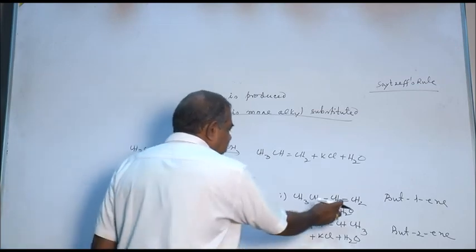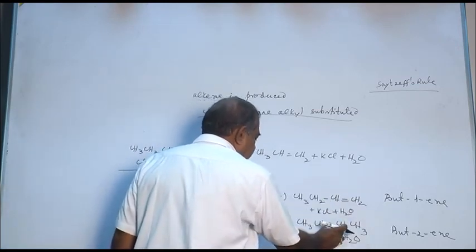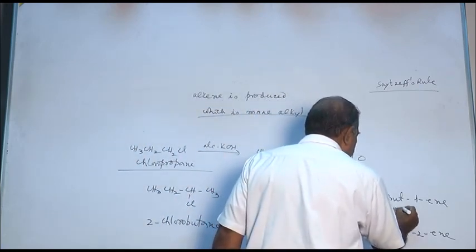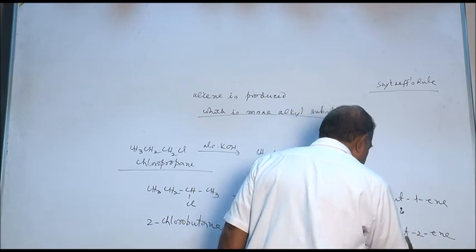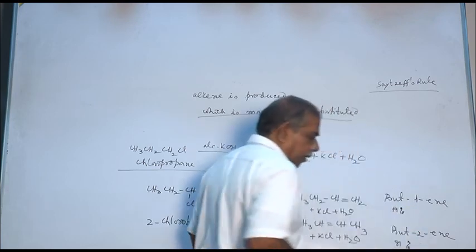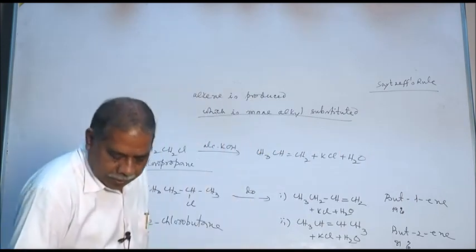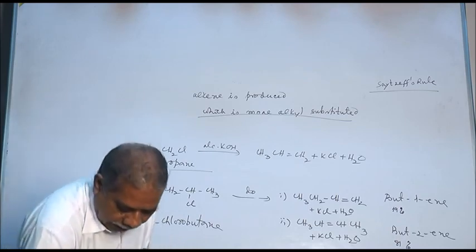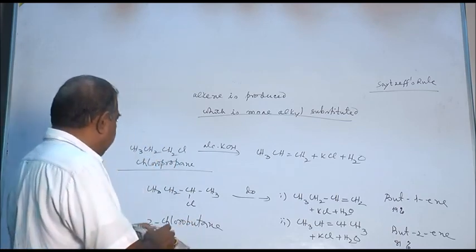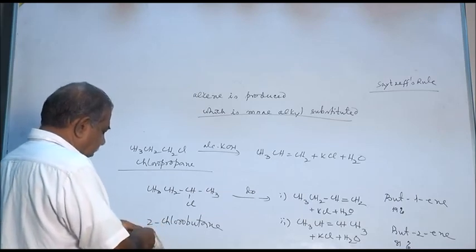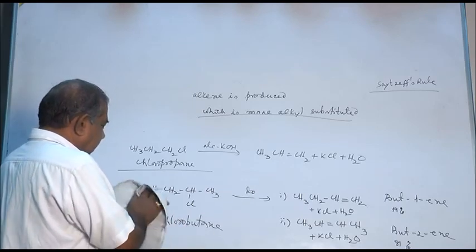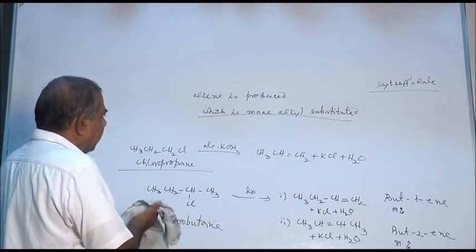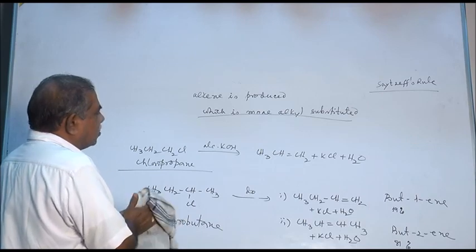Here the double bond has one alkyl group. Here it has two alkyl groups. So but-1-ene is found to be the minor product at 19%, and this is 81%. So when a secondary or tertiary alcohol is dehydrated, or when a secondary alkyl halide or tertiary alkyl halide is dehydrohalogenated, you will get an alkene which is more alkyl substituted.